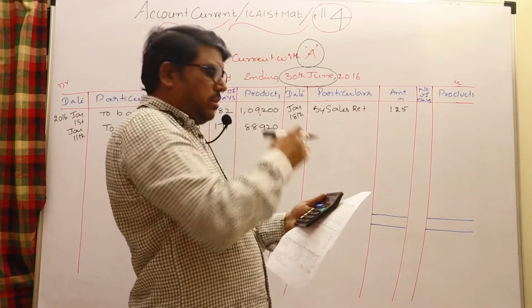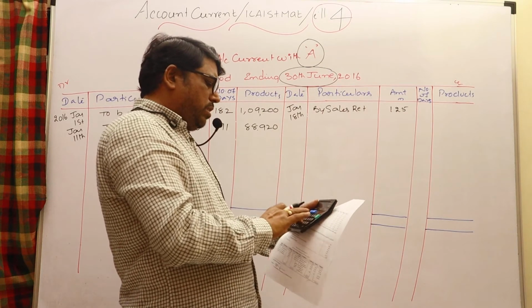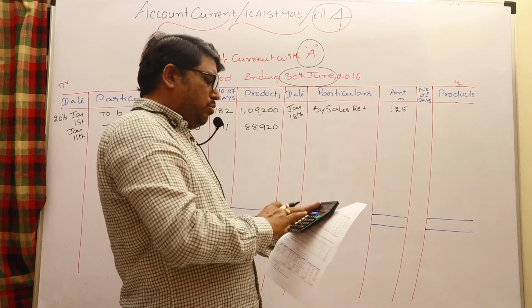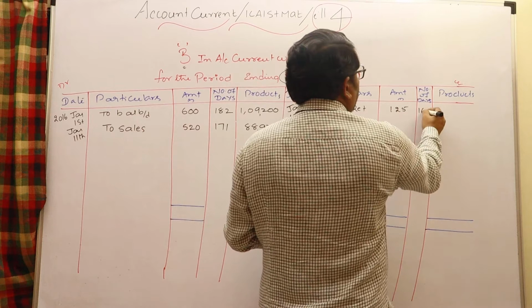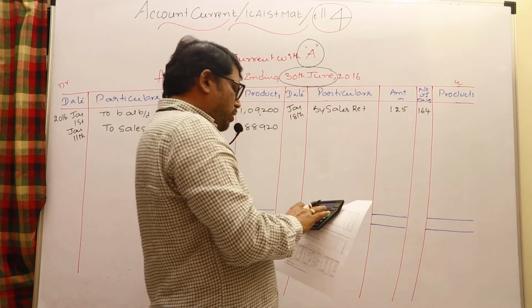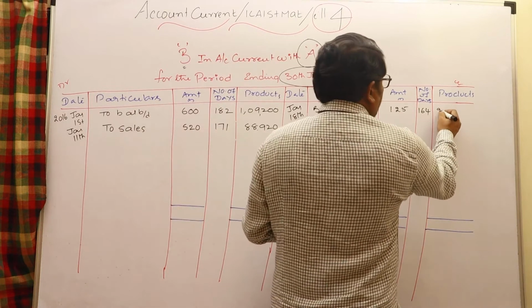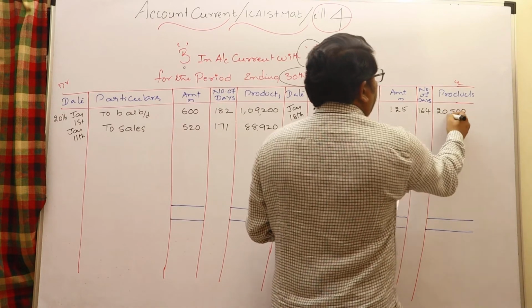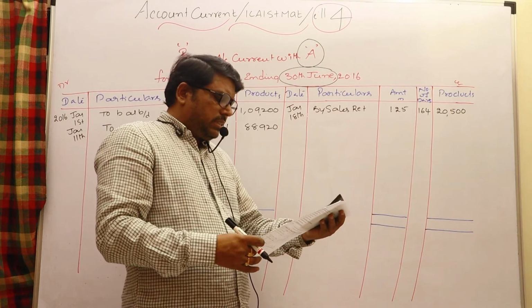In January, 30 days are there, February 29, March, April, May, June. Total number of days 164. The product is 164 into 125, which is 20,500. Take 20,500 as the product.